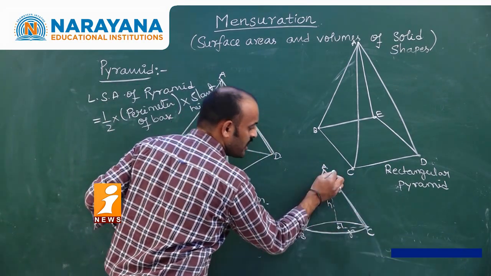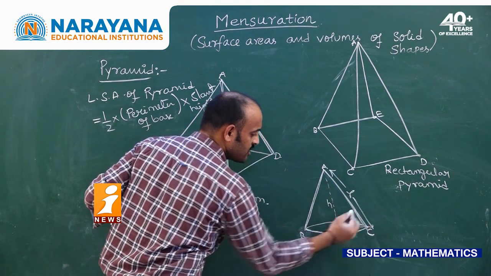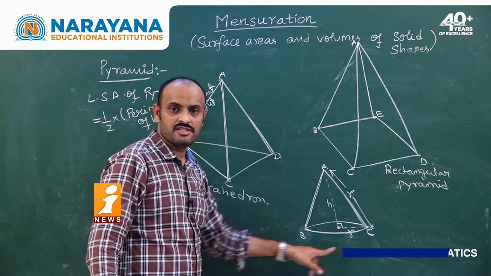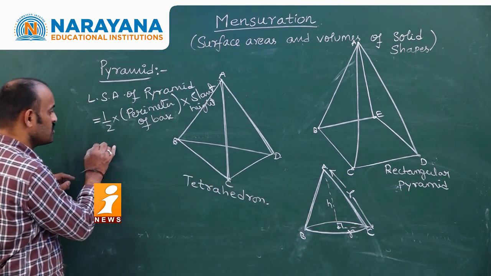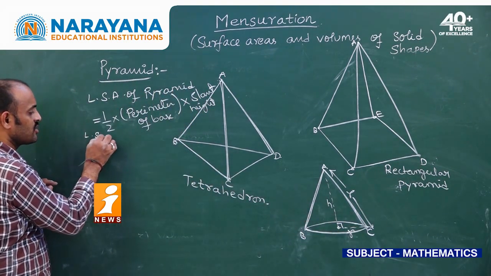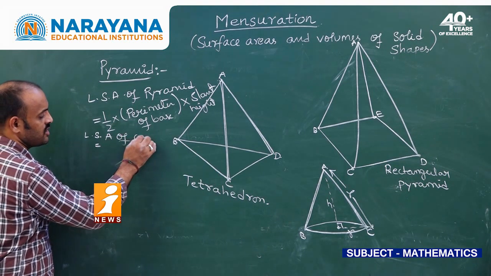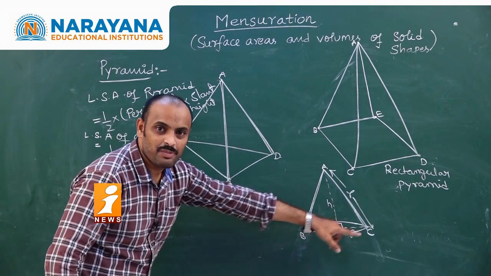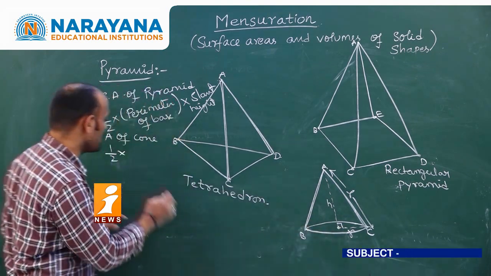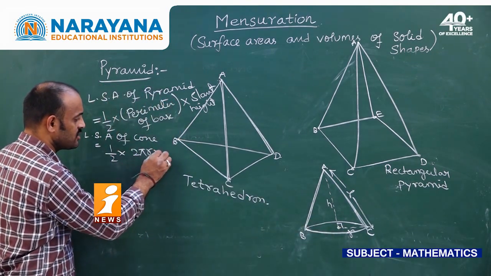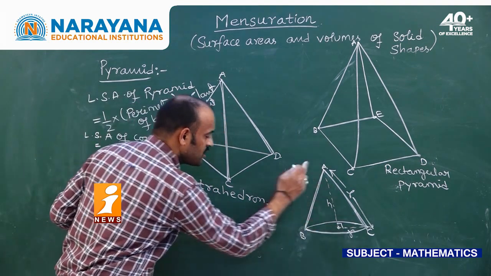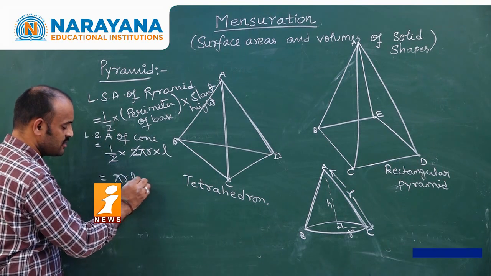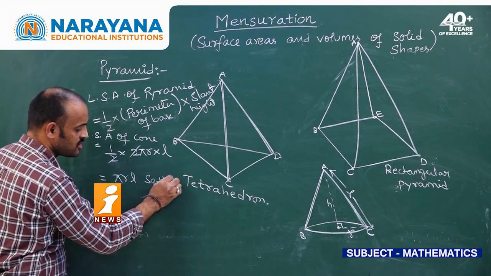Slant height is denoted with L. And h is nothing but height, r is nothing but radius of the base. So LSA of cone is half of perimeter of base. What is the base here? Circle. Circle perimeter is 2 pi r. Slant height is L. So 2 and 2 get cancelled. So pi r L square units.